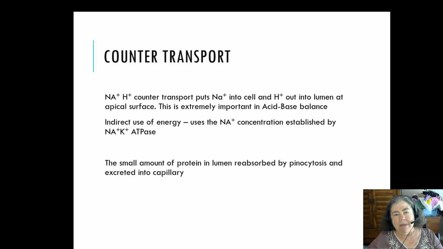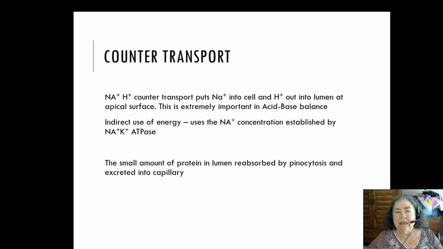And this is one of the mechanisms that is used to help us manage our pH, our acid-base balance, so that we can get rid of hydrogen ions in the kidneys. And again, this happens at certain points along the tubular epithelial cells.